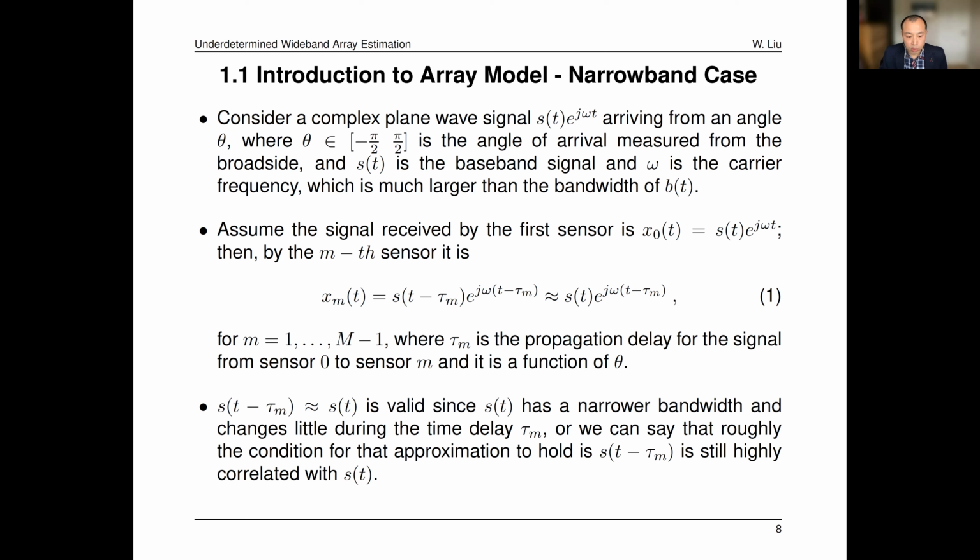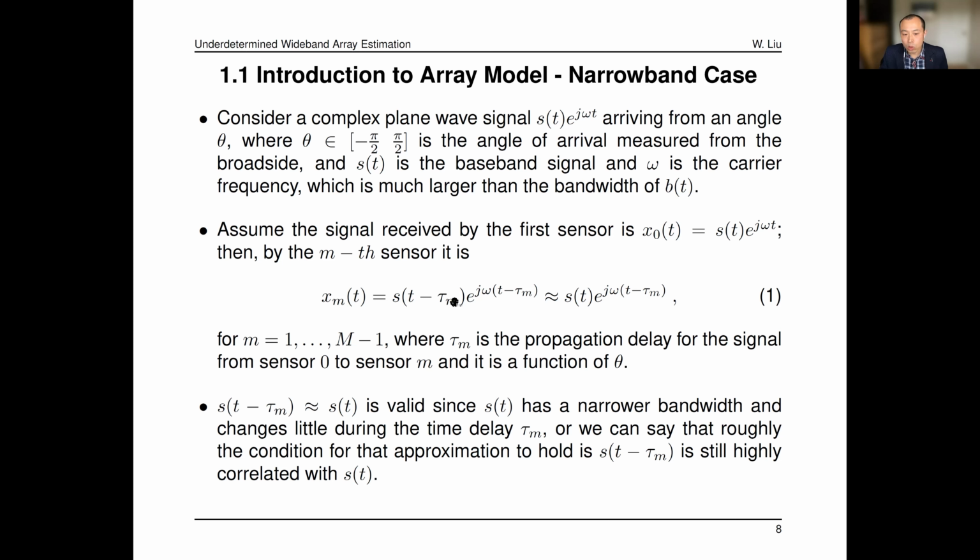So we can see that roughly the condition for that approximation to hold is that s(t minus tau m) is still highly correlated with s(t). If s(t) and s(t minus tau m) are not highly correlated anymore, then it's not really a narrowband system. So then we have to consider it as a wideband one.